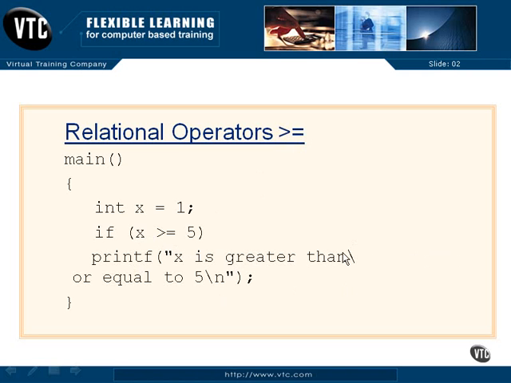Now I threw a little extra in here that we'll see later on, but not in a whole lot of detail. It's just a nice little piece that is good to know about in the preprocessor. This backslant right here, this is a line continuation character. So x is greater than, we can slice that right there and continue the quoted string here on the next line. So the preprocessor will pick this up and it will see that character early on before the compiler ever gets a hold of this.